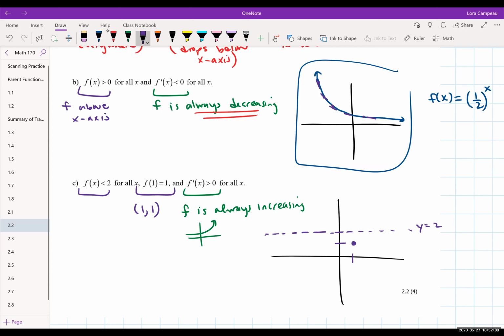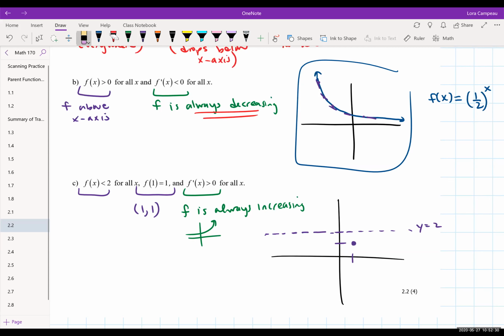So, I originally thought something from part A would work out. It's always increasing, but maybe I'm just looking at it the other way around. If I tried to make it always increasing this way, I notice I'm going to actually end up going above y equals 2. So sometimes I can play with the reflection.